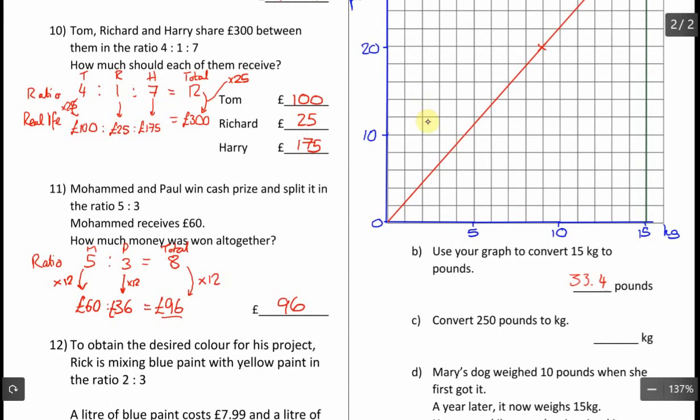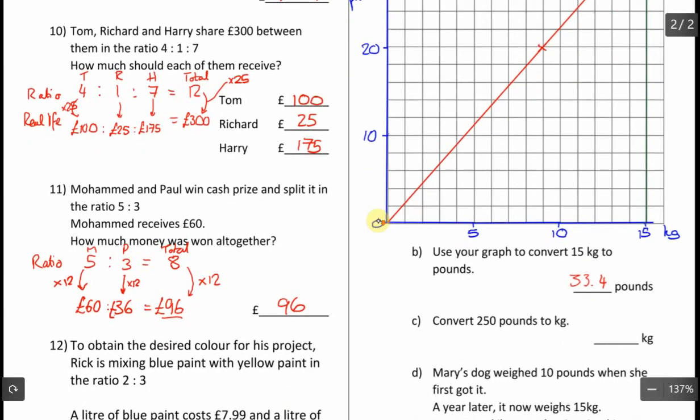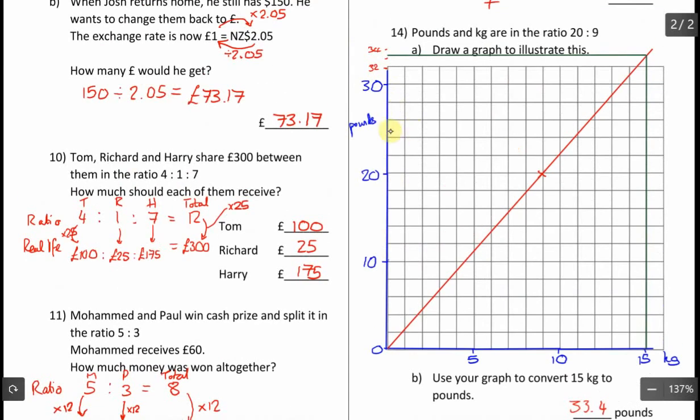250 pounds to kilograms. Okay, so again, the issue is here that we don't have 250 pounds on our axis. We want to find something we can scale up to make 250 pounds. Well, if we use 25 pounds, which would be halfway between 20 and 30, of course, then we can just times that by 10.